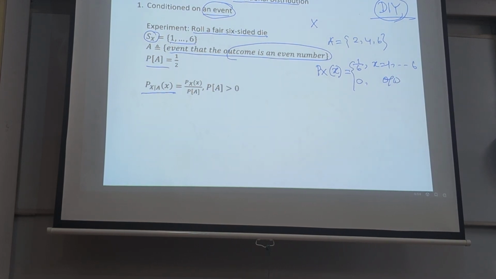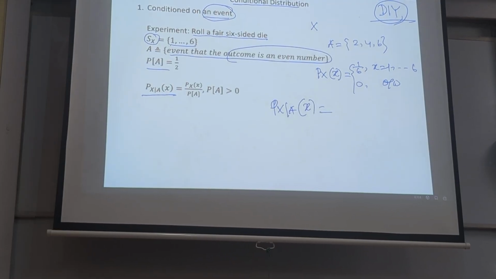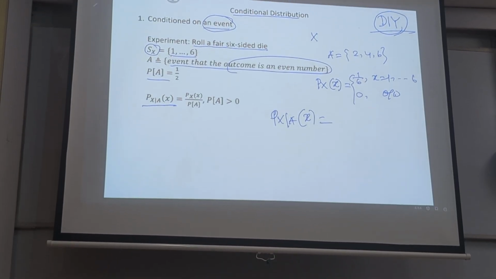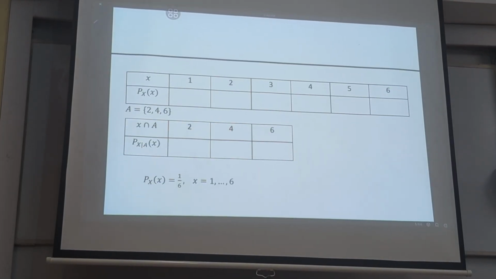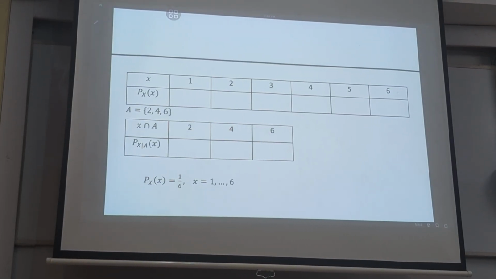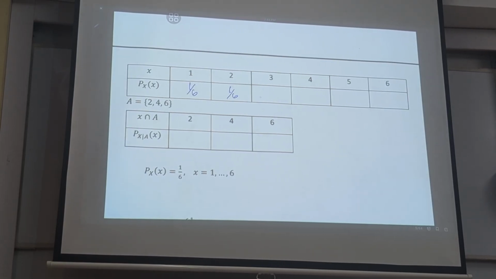The conditional PMF of X will be the PMF of X given A. What is it? Any volunteer? 1/3. Any other one? Let's see. For X values of 1, 2, 3, 4, 5, 6, the PMF of X is 1/6 for all values.